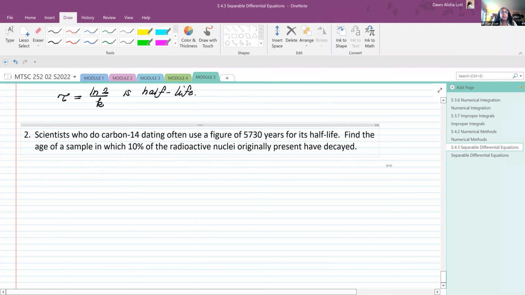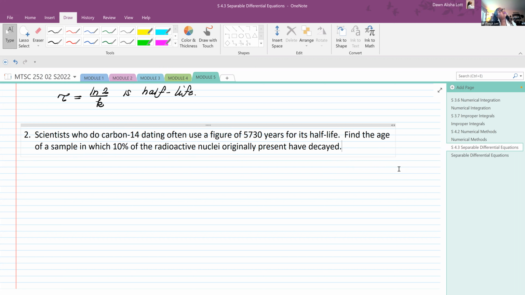All righty. Scientists who do carbon-14 dating, that's to determine how old something is, like bones. I think they just found the tooth of a woolly mammoth, something.